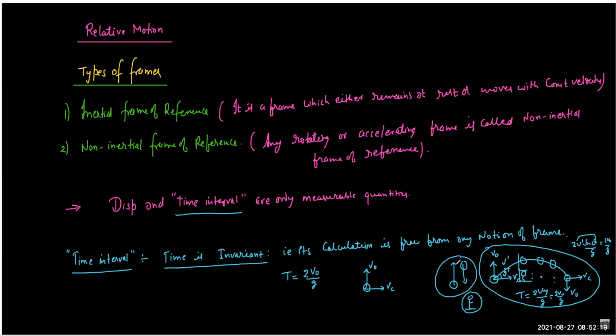And also you need to realize that the purpose why we are doing this is because time is invariant. So for the calculation of time, because it's invariant, we can choose any frame.